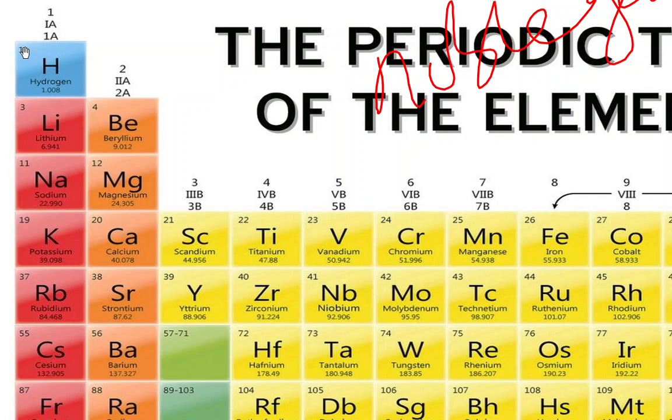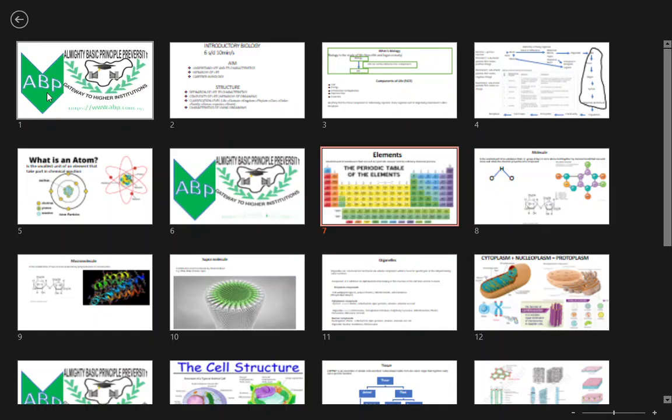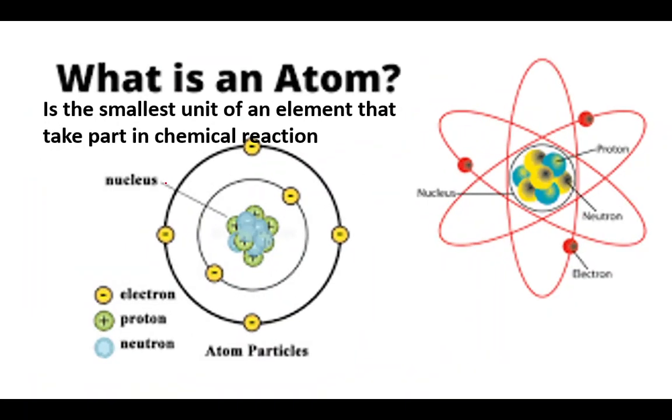The atomic number is the number of protons inside the nucleus of the atom, while the mass number is the sum of the number of protons plus neutrons. So let us review our atomic structure. In our atomic structure, we see that there is a proton here and a neutron here. The summation of proton plus neutron forms the nucleon.